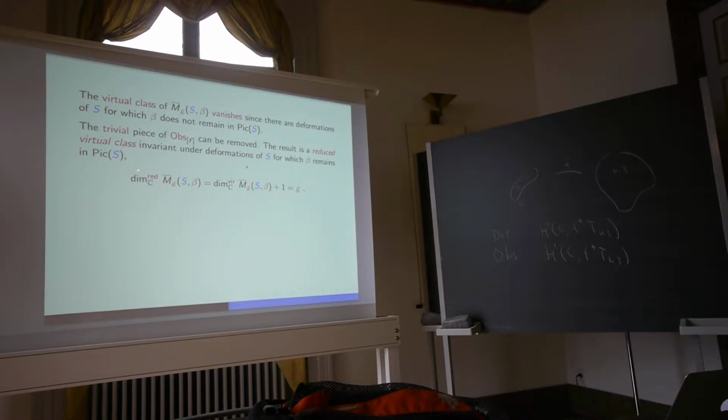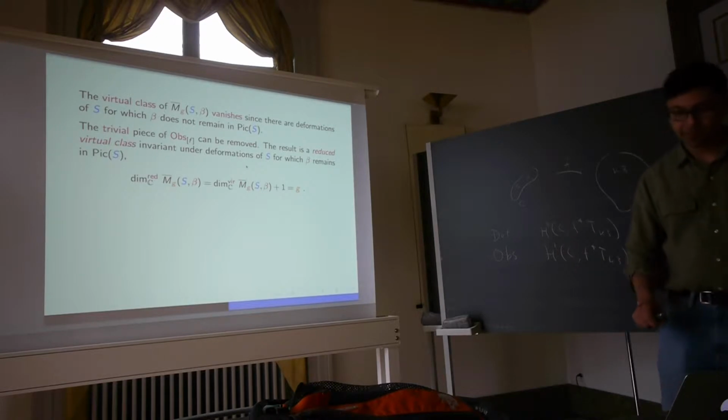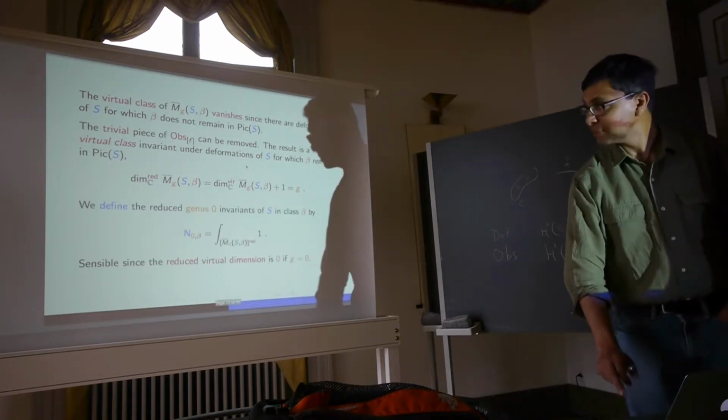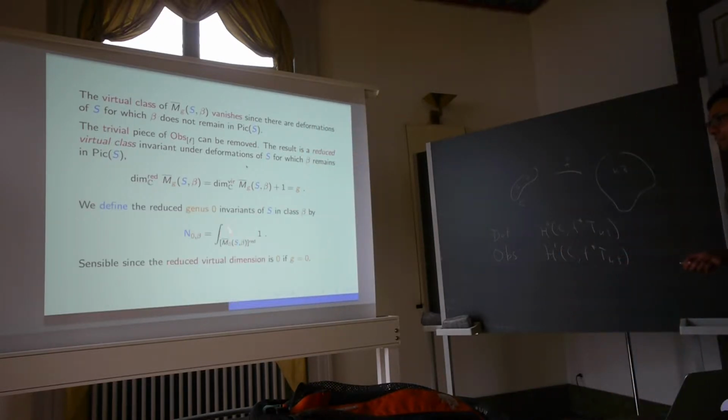This is a new deformation theory, which involves going by hand and removing that trivial piece. For that, the virtual dimension increases by 1 to g, and it is non-zero. And the problem of counting curves on K3 surfaces is about this class. It's not actually the straight Gromov-Witten class, it's what's called the reduced class.